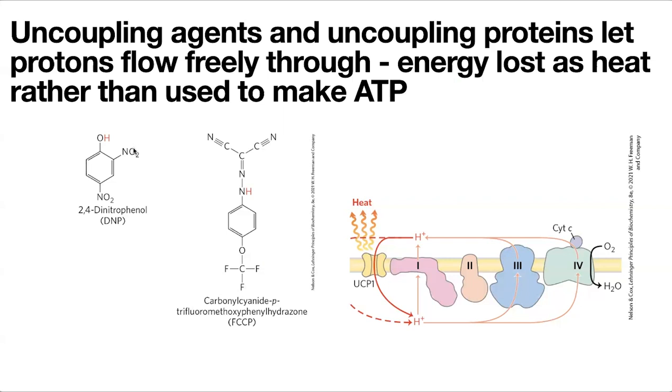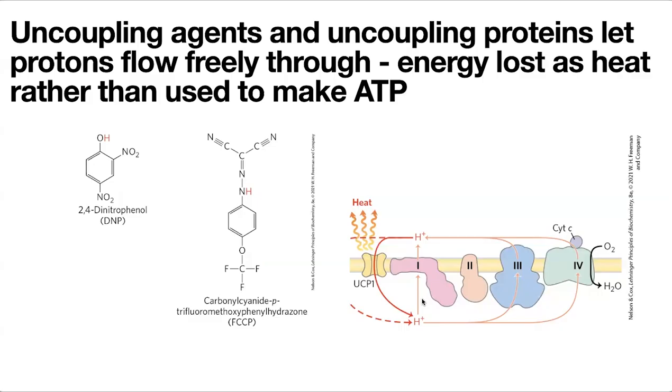When they deprotonate, well, now they're releasing a proton in here, a proton that they took from out in the inner membrane space. So they're transferring a proton from the inner membrane space into the mitochondrial matrix. And they're doing it without going through the ATP synthase. So they're dissipating the gradient, but not making ATP.